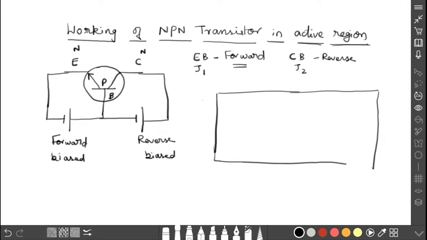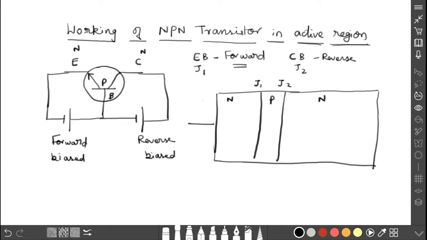The first part is the emitter, which occupies a moderate size in the transistor. This is N type. The second one is the thin region, the base, which is P. The third one occupies a large space because it is the collector. Now this is J1 and this is J2.